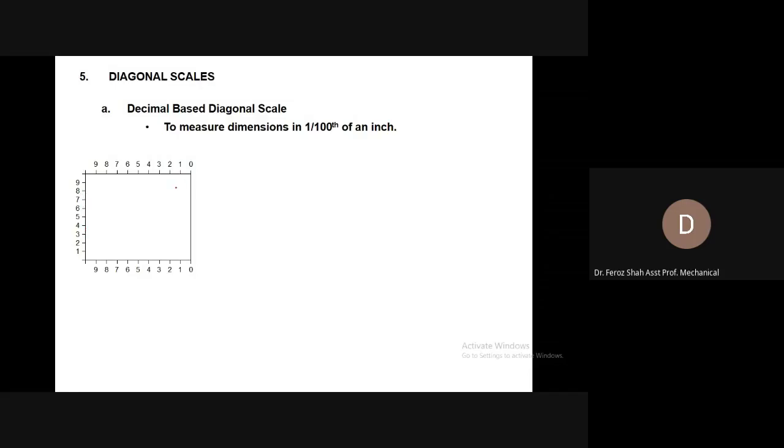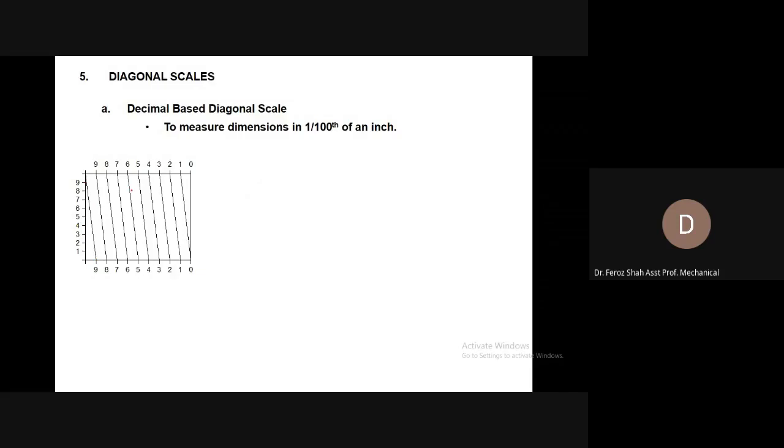Now draw slanted lines joining one of the top face to the zero of the bottom face. Now repeat the process till joining the 10th division of the upper face to the 9th division of the lower face.